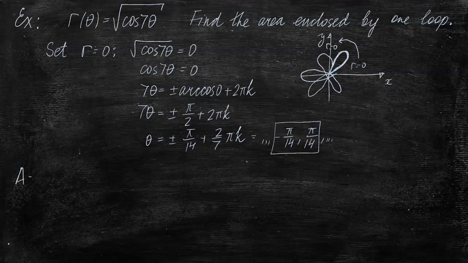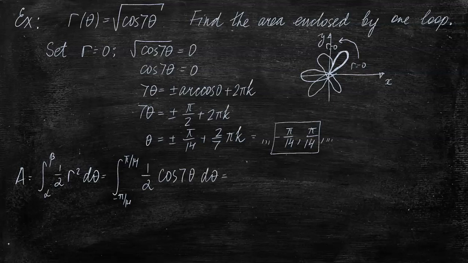To find the area, we actually have to set up the integral. And we're going to integrate from negative pi over 14 to pi over 14, 1/2 r squared. And luckily r squared is a nice simple function, so we can totally integrate this.